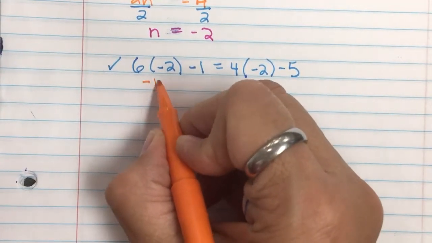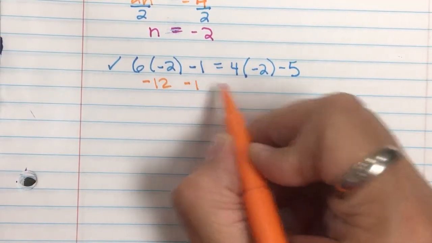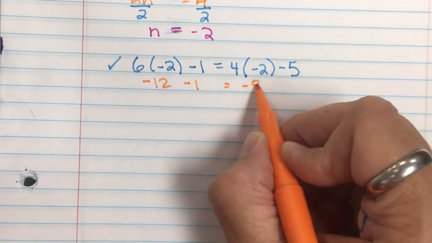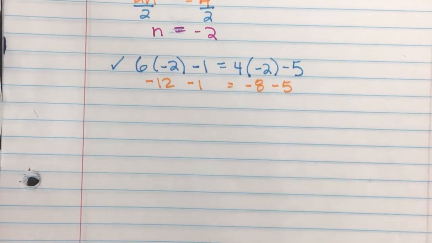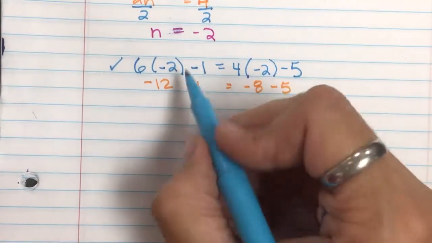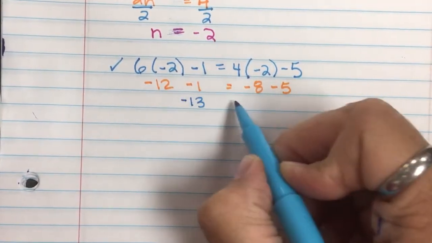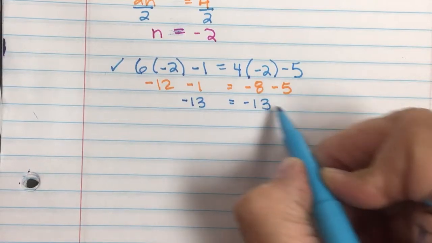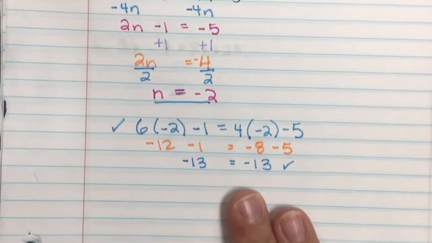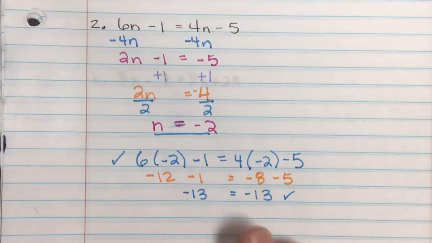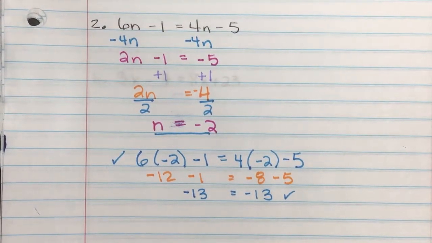So I get negative 12 minus 1, negative 8 minus 5. Do those really equal each other? Well, guess what, they do? This comes out to negative 13 on this side and negative 13 on this side. And there we have it. The answer to this equation is n equals negative 2.